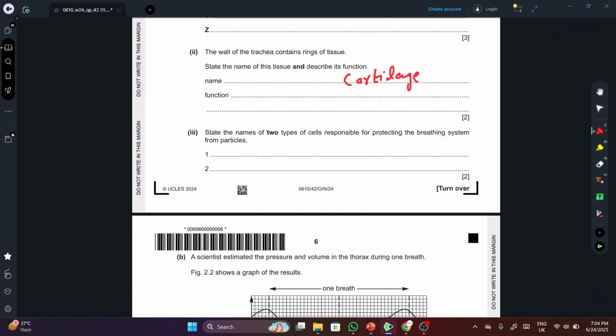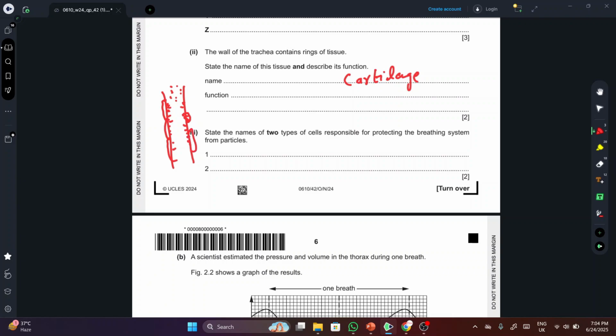State the name of the two types of cell responsible for protecting the breathing system. We know that if this is our trachea and we want to protect it from dust particles, we have the goblet cells, and also the cilia, which belong to the ciliated cells.